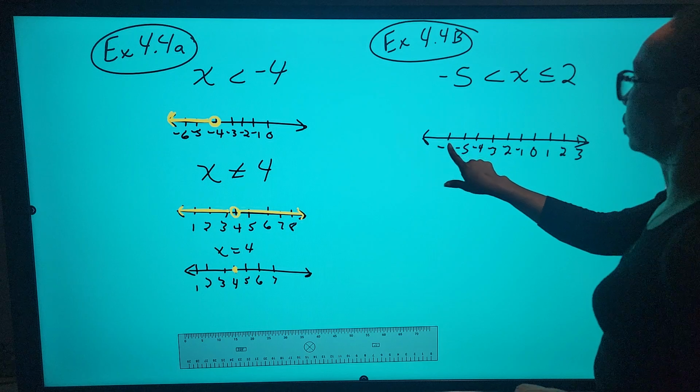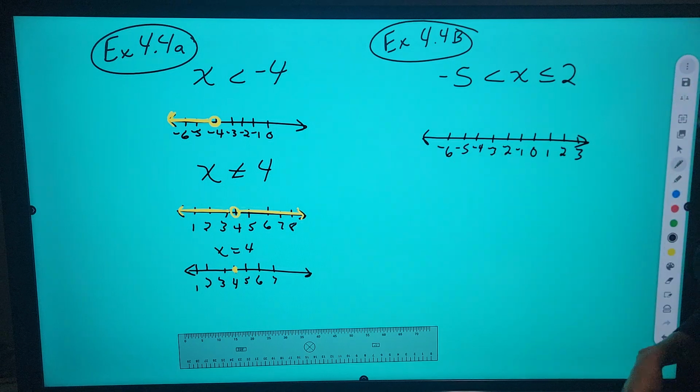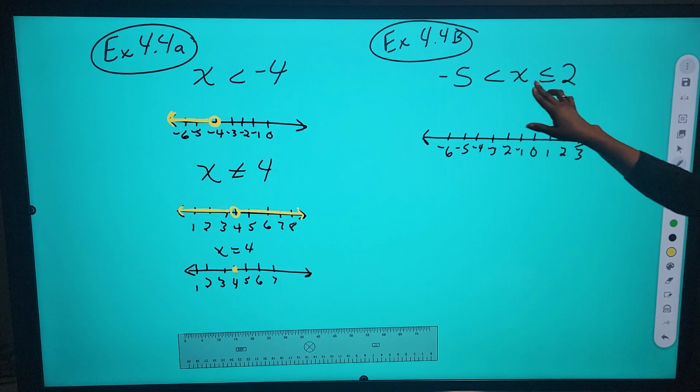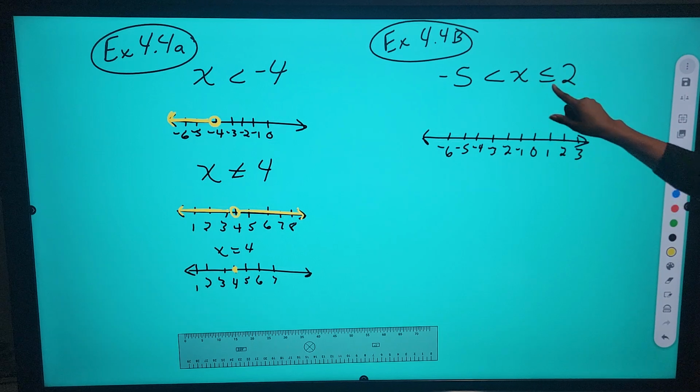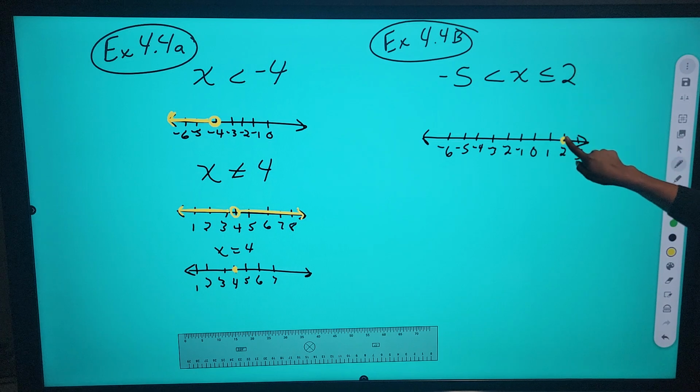Okay, and again, just a couple numbers before and after so we can identify which direction to shade. But first, starting with x is less than or equal to 2, the equal to under there tells me to go to +2 and put a filled dot.